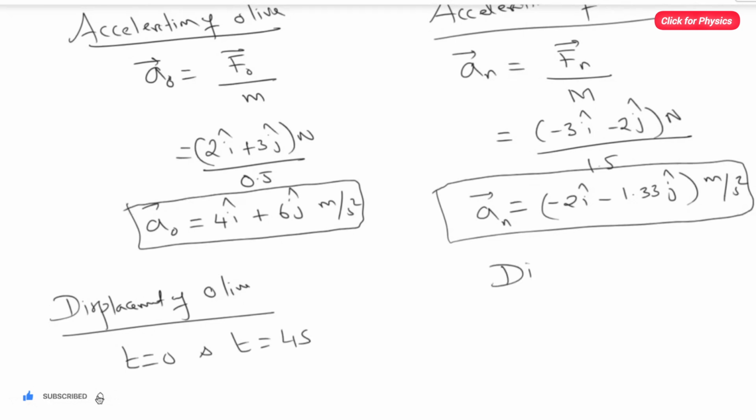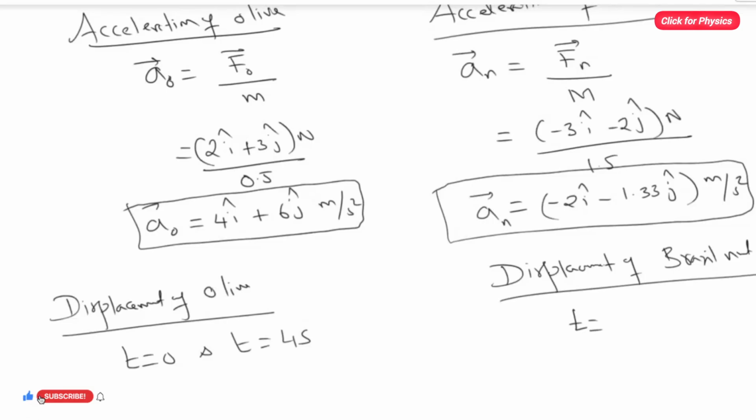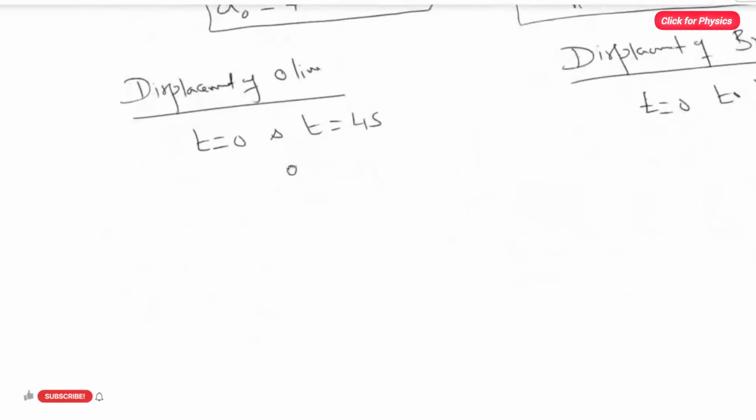Likewise, I have to find the displacement of the Brazil nut for the same time interval, t equal to 0 second to t equal to 4 seconds. Clear? So let's find the displacement of the olive first.